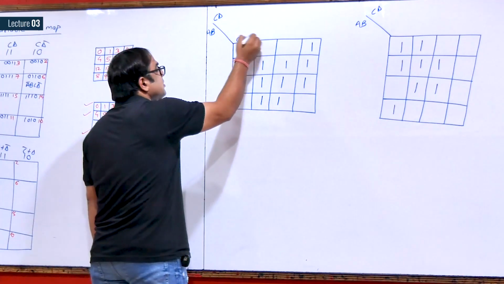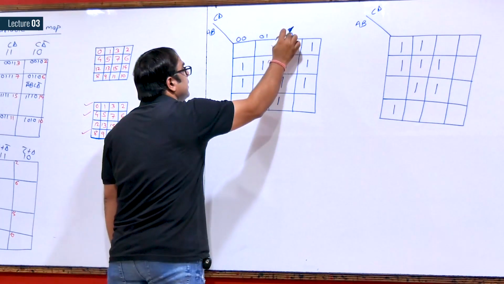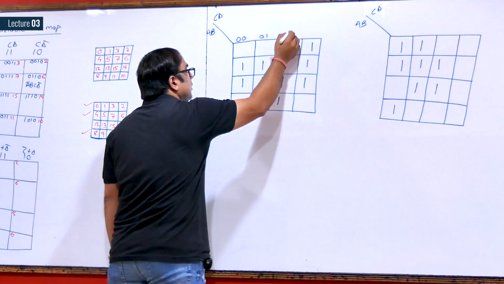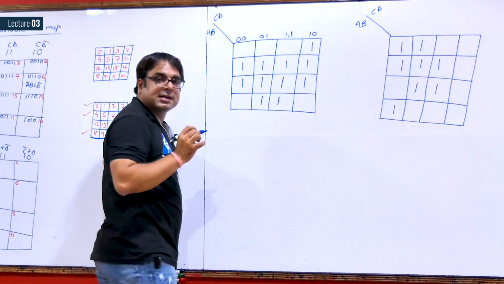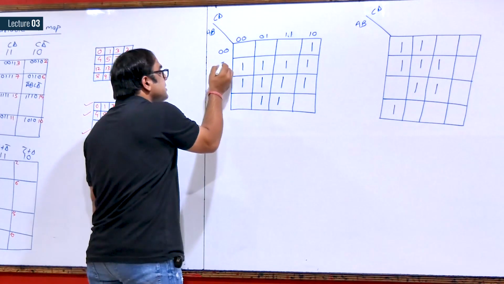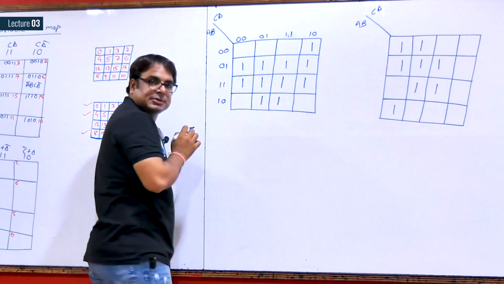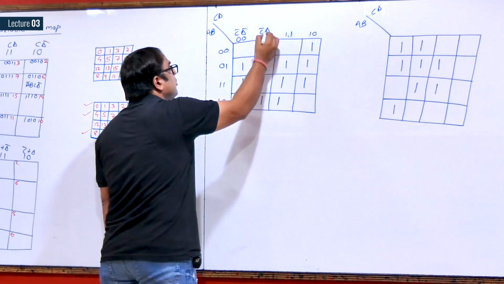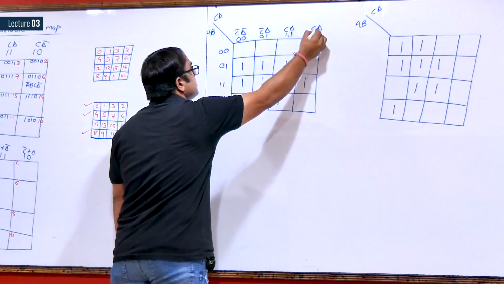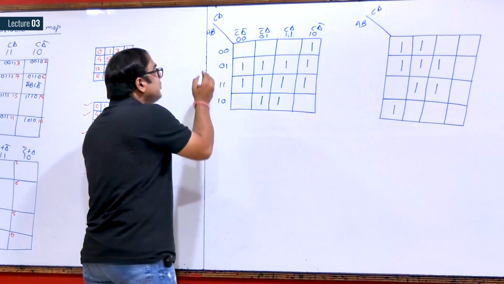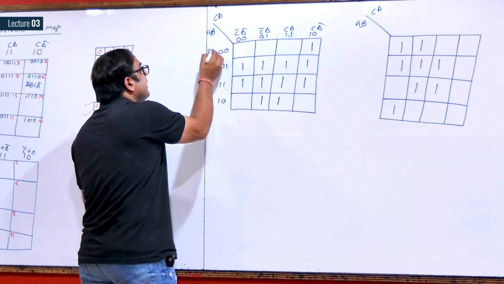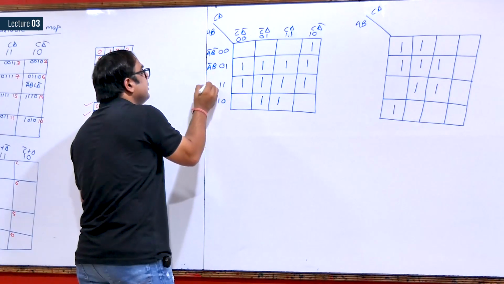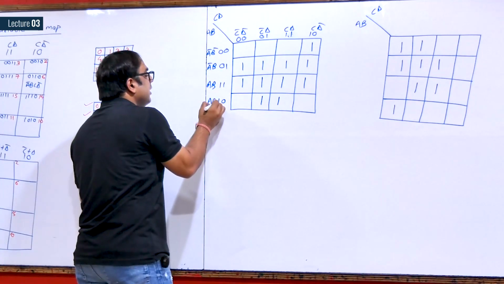See 00, 01, 11 and 10. This is Gray code. In the form of variables, C complement D complement, C complement D, CD, C D complement. Similarly A complement B complement, A complement B, AB, A B complement.